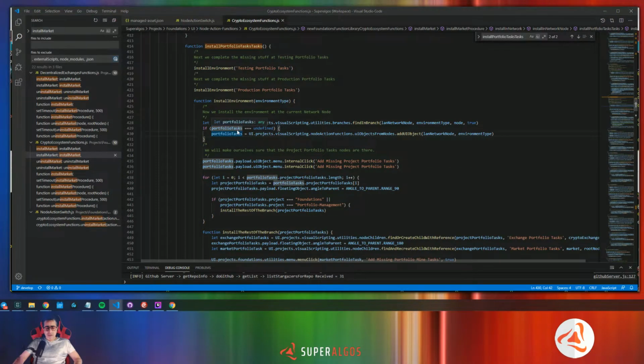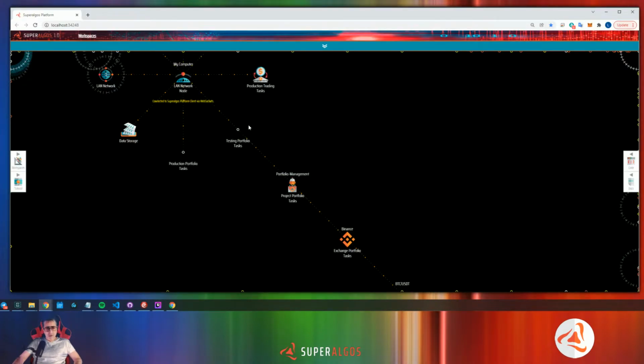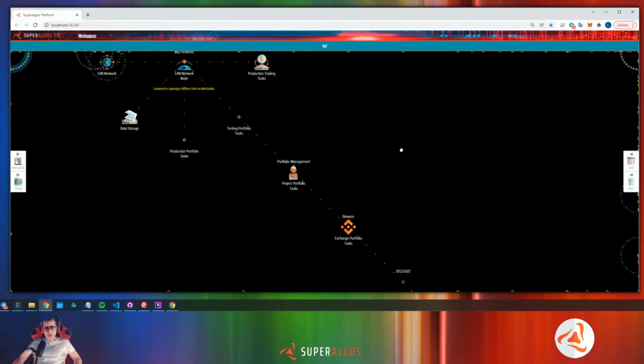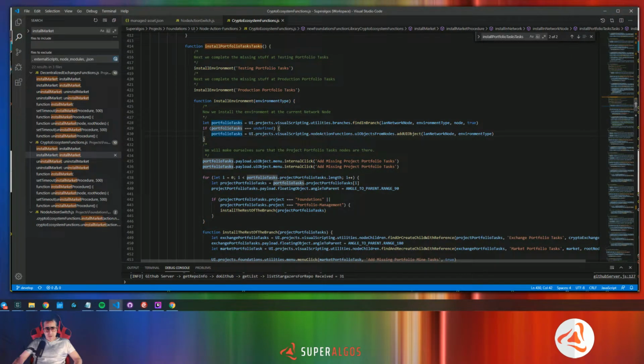So this is this node. Testing portfolio tasks. Then it comes the project.